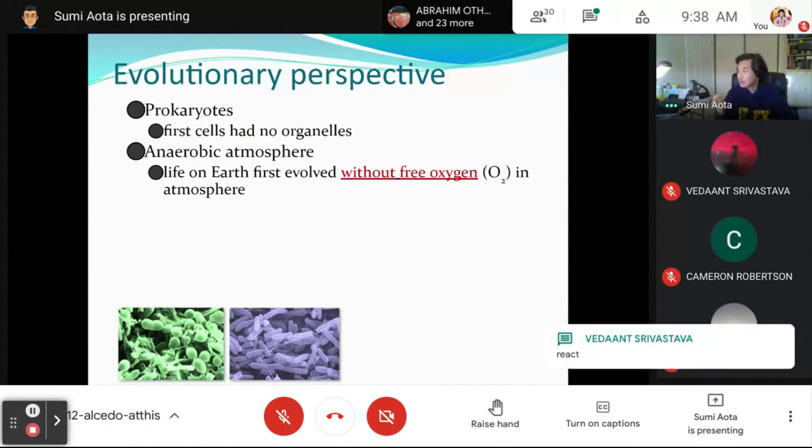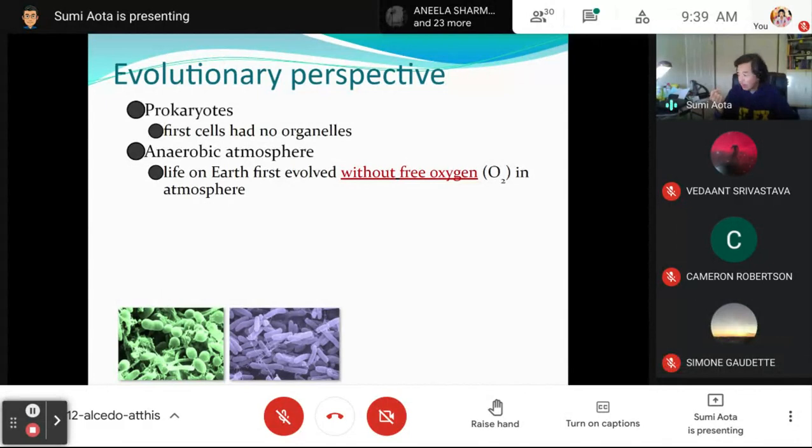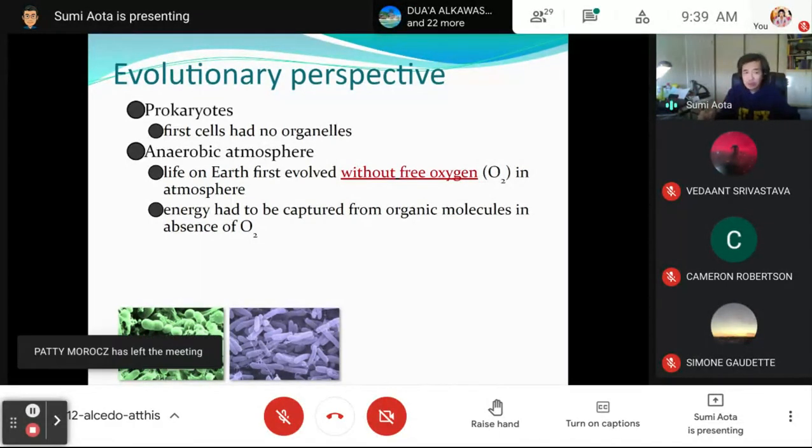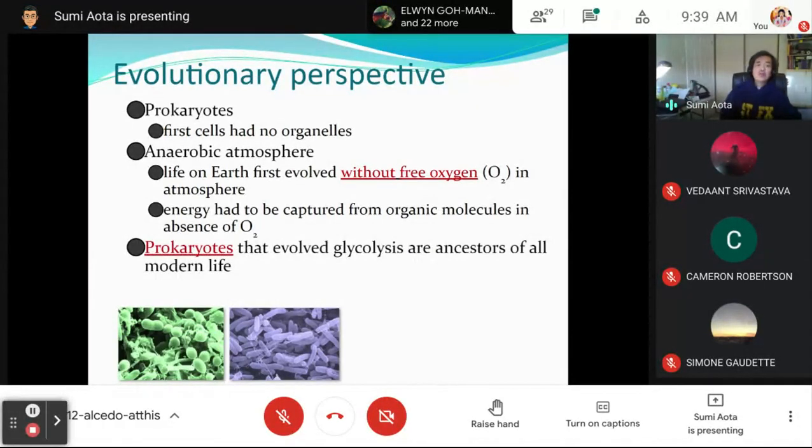Yeah, it would oxidize, usually combine with iron in the crust and form iron oxide, which is why we have all these iron mines all over the planet.